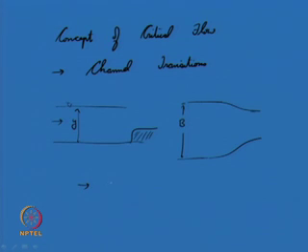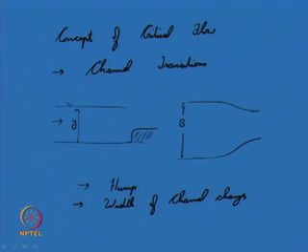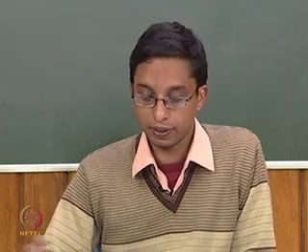So, if there arises a hump in the flow, or if the width of the channel changes, let us see for these two situations how the flow changes or how you can compute the flow parameters.